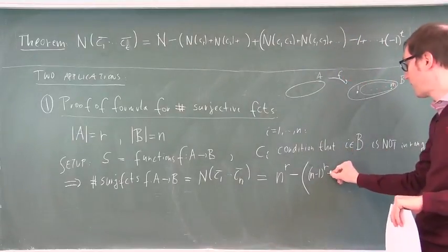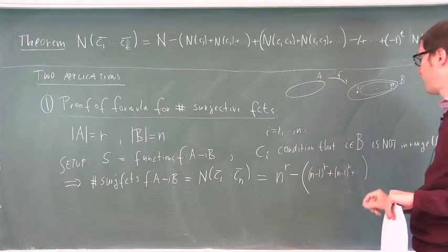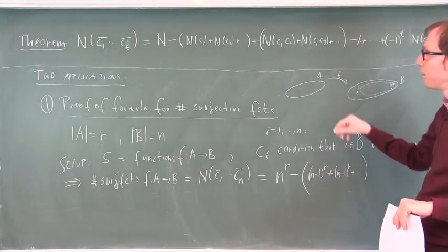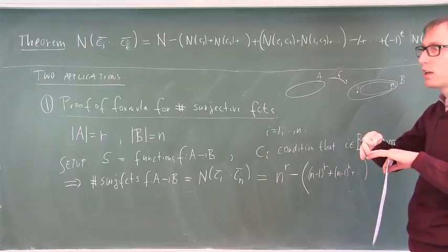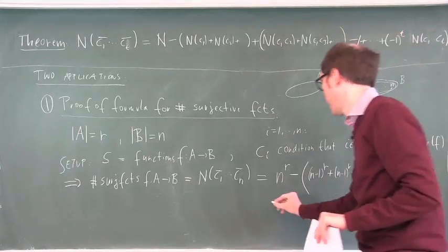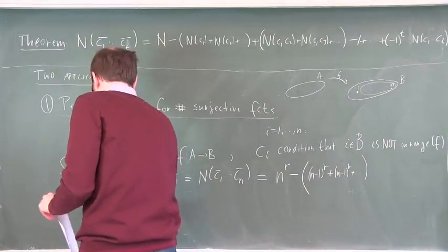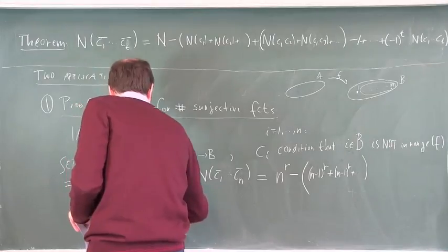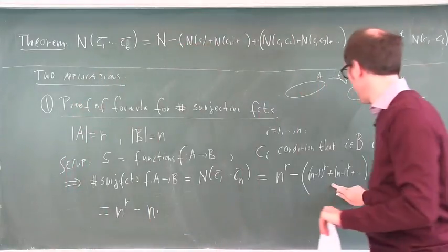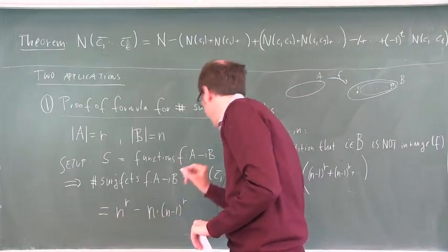The same argument gives us again (n minus 1) to the r, and so forth. Now, how often do we count this? Well, we have N of C1 plus N of C2 up to N of Cn. So we count this n times. So we can write this as n times (n minus 1) to the r.